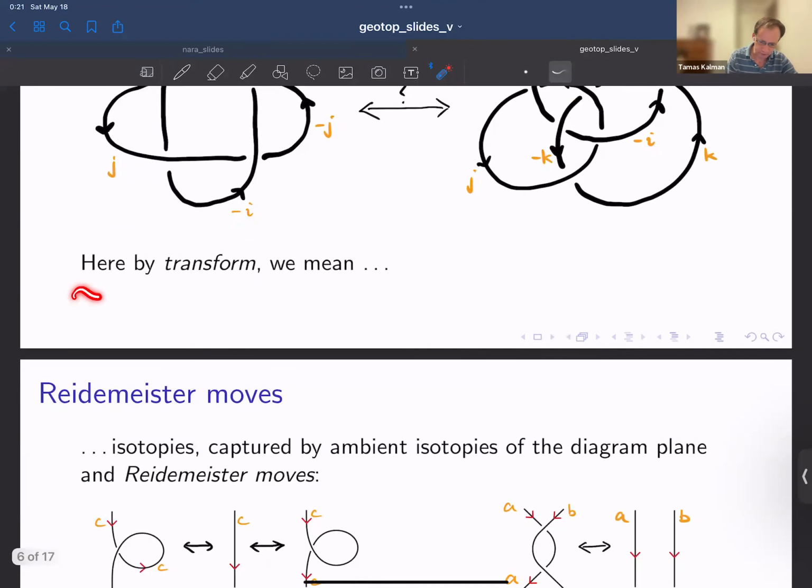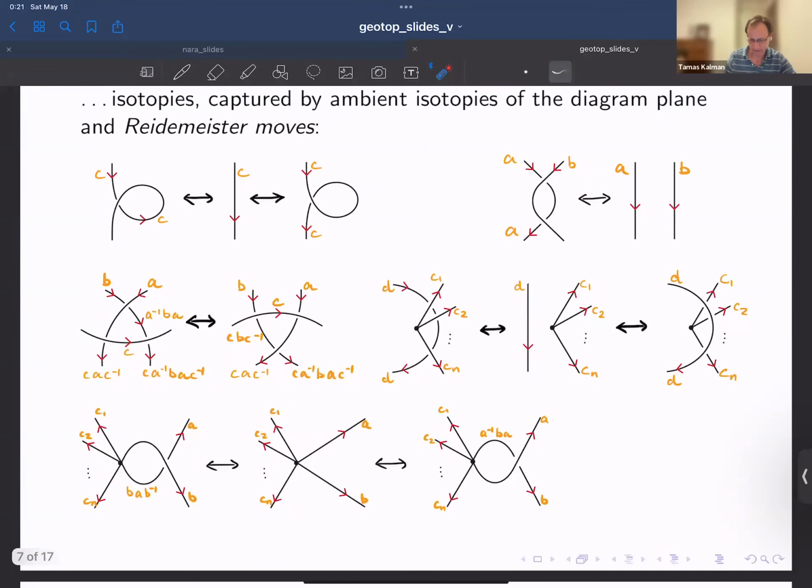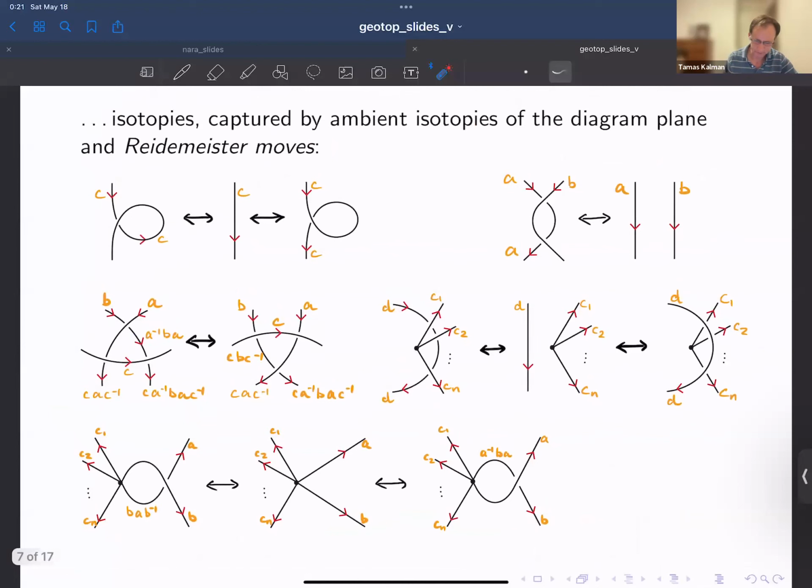All right, so transformations. I should say what I mean by transformations. So how do I model this physical situation? Well, here are all the local possibilities for what can happen to my system. Isotopies can happen.